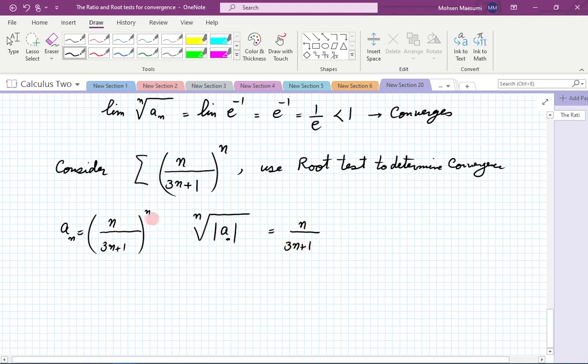So in this case we had it really easy. When we take the nth root of the nth term, I get this one. And so now if I ask what's the limit of this as n goes to infinity, it means I'm taking the limit of this fraction as n goes to infinity. Well, this is something you see in pre-calculus and such. The ratio is 1/3. As a result, we can say what? As a result, we can say the series converges.